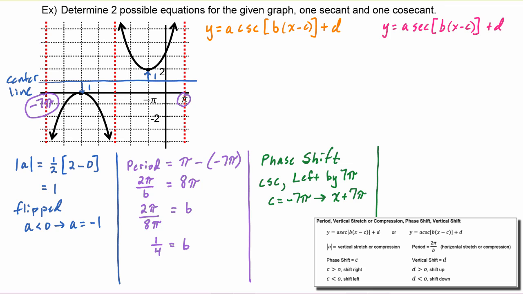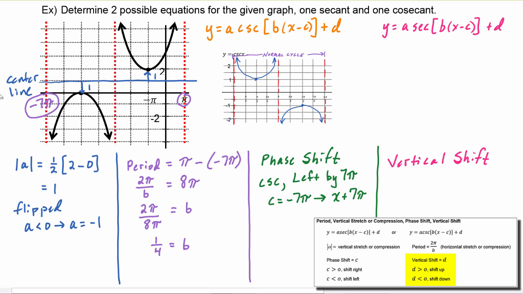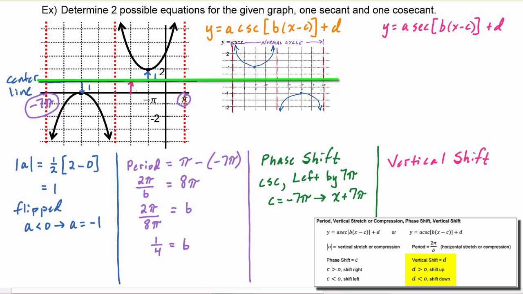Then finally, we will have the vertical shift, and for that, we can use that center line on the graph, and we can see that when we look at the unaltered graph of cosecant and look at what's happening on the x-axis, that's where that center line should be, but instead it has moved up by 1.